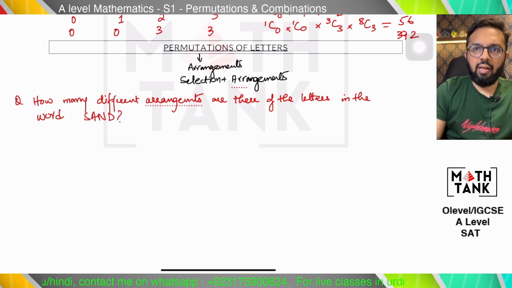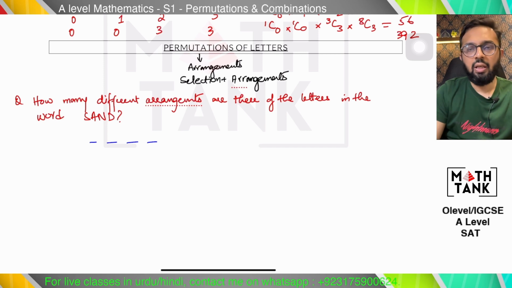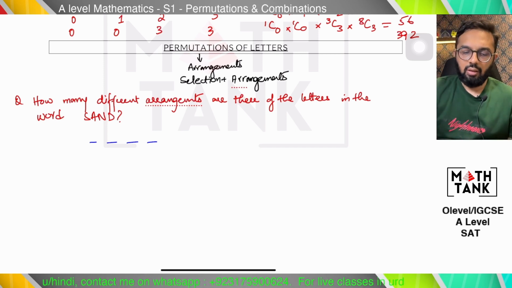Whenever you are talking about arrangements, I would encourage you to put dashes. There are four dashes, and I am asking you for the arrangement of all of these letters. So four letters, therefore four dashes.